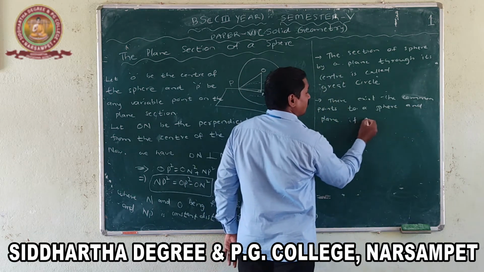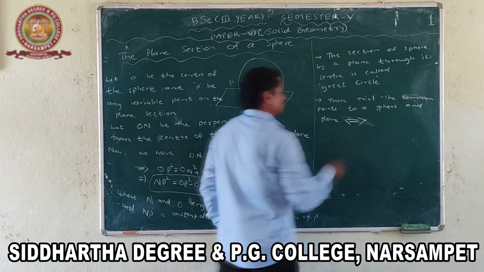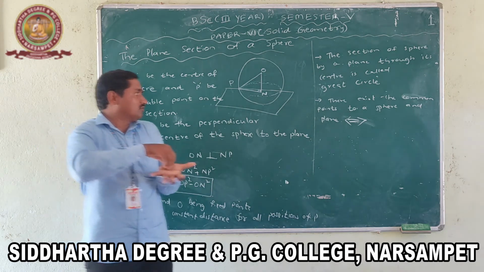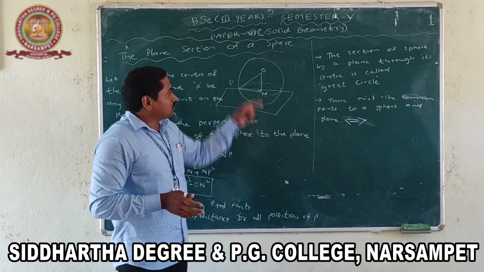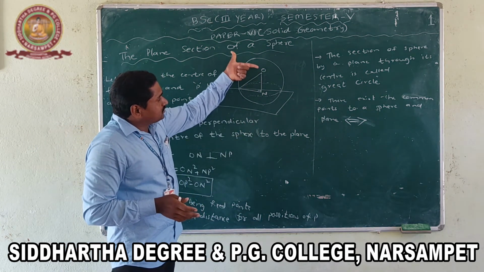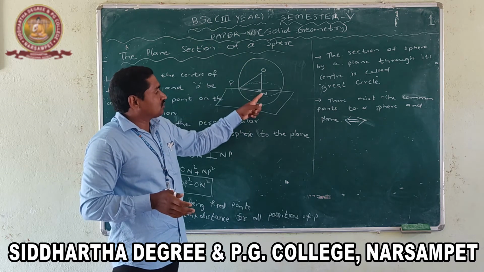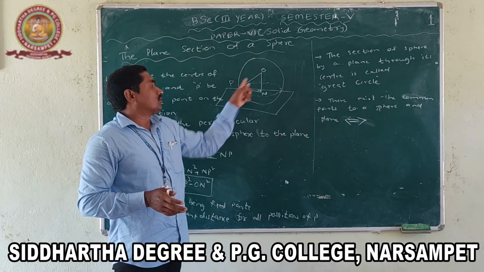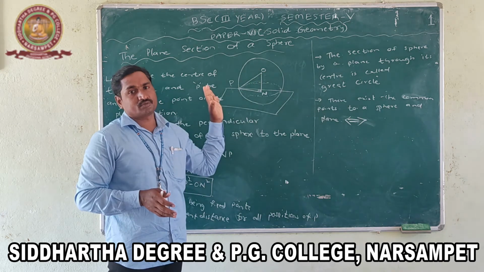There exists a common point to a sphere and plane if and only if the perpendicular distance from the center of the sphere to the plane is less than or equal to the radius of the sphere. Right?